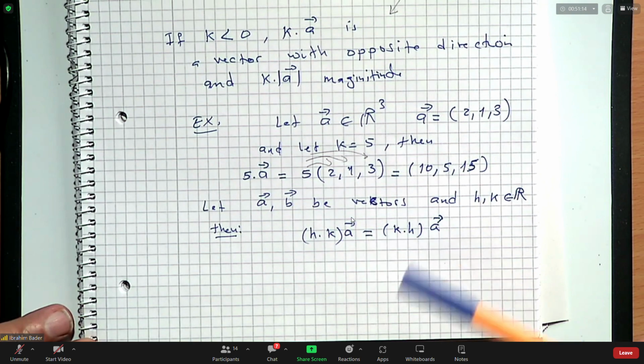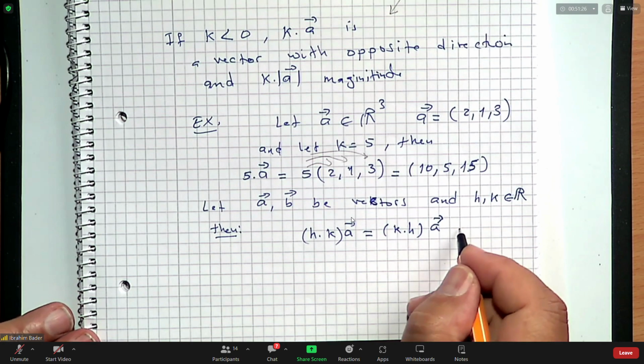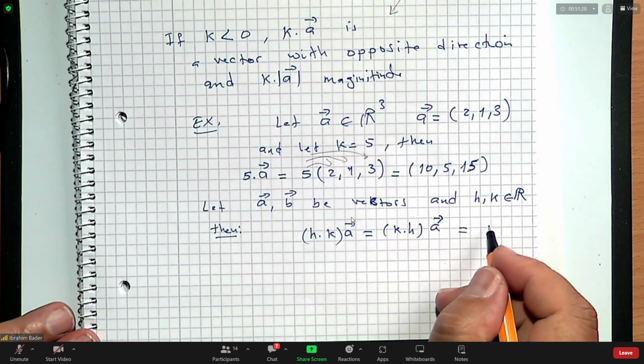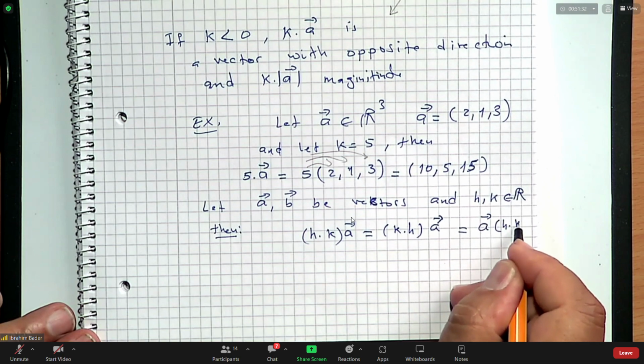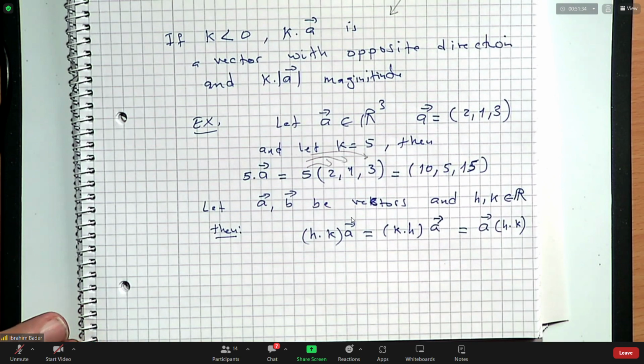So here it means that if I switch the order of the two, it will not affect the outcome. And also if you just multiply it from the right or from the left, it makes no difference. So here A, let's say here HK, it doesn't make any difference. Okay, so this is the first rule.